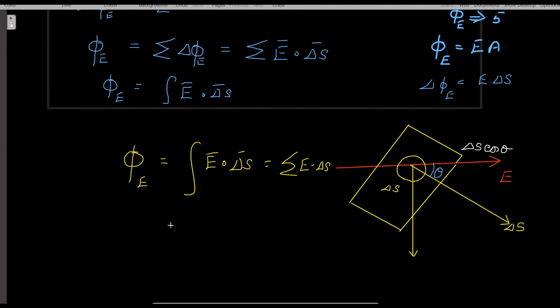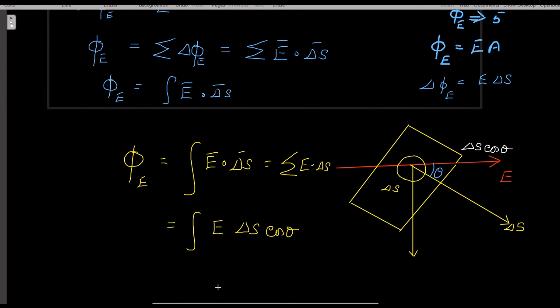Here we can write phi E is equal to the integration of the component of delta S along the direction of E, which is delta S cos theta. E remains constant, which is the uniform electric field.